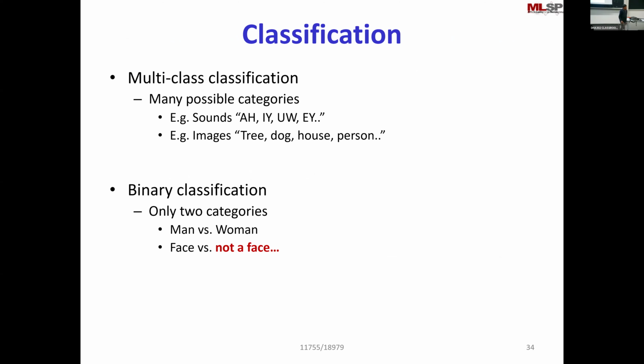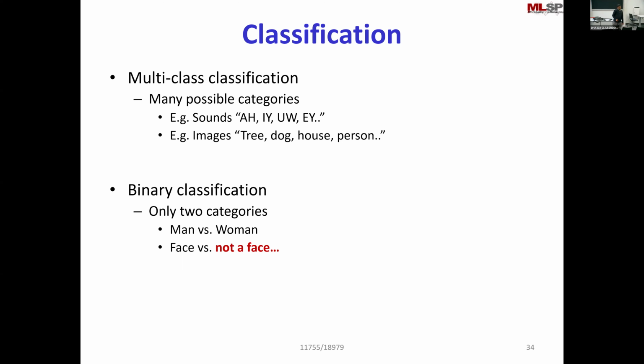You can have different kinds of classification. You can have multi-class classification. If I were classifying sounds, I'd have all the phonemes in the world, and given a little snippet of sound, I must find out which of these phonemes it is. I could be classifying amongst thousands of image categories, or even hundreds of thousands of image categories. In this case, we are performing multi-class classification because the number of potential classes is very large, or at least it's more than 2.